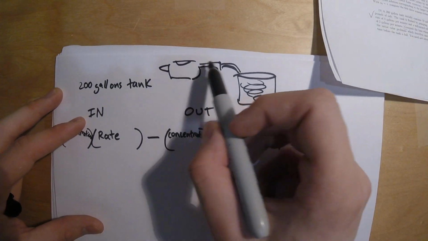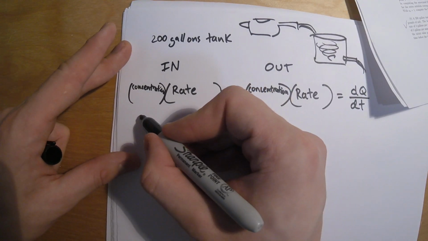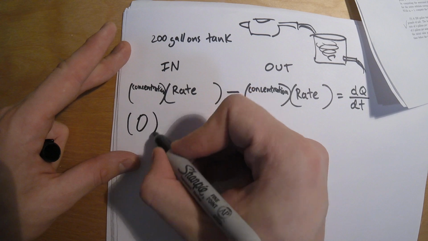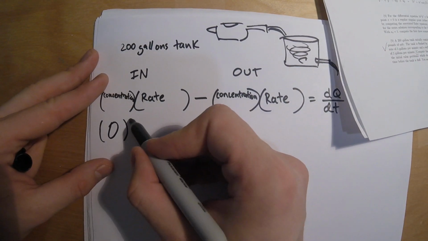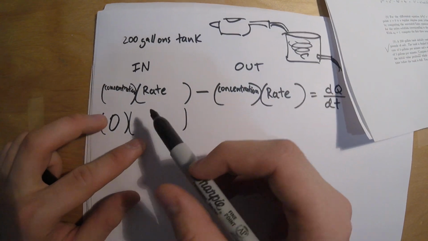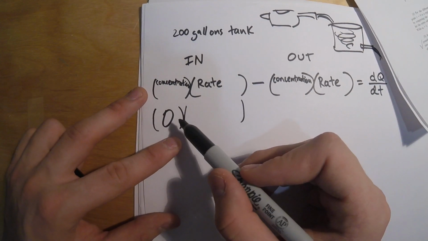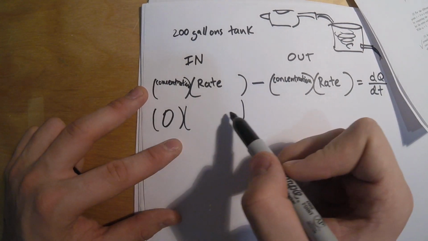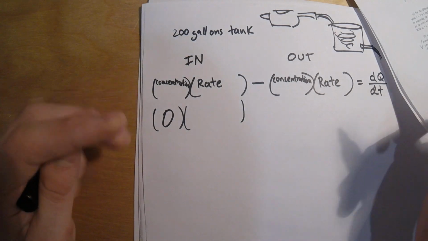The concentration of the water coming into the tank is going to be 0. Just for the sake of this problem, I'm going to continue writing the rate, although if this is 0, it cancels out, because 0 times the rate is 0.